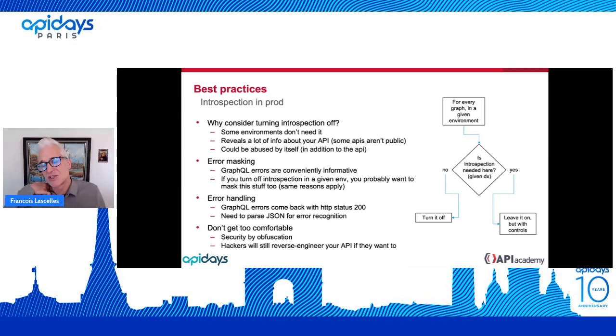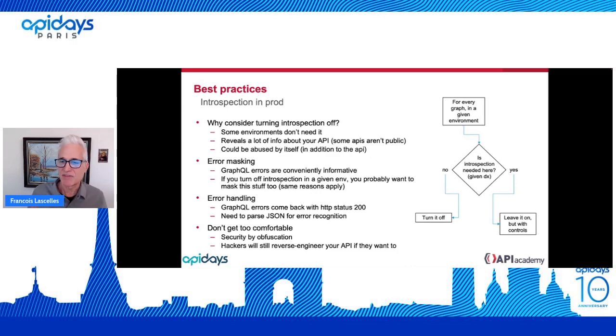So here's a decision tree as an example. For every graph in every environment, ask yourself the question: is introspection needed here from the perspective of the developer experience? Are the developers going to use introspection in that particular environment, or is that environment only being accessed by applications that are already baked in, for which there is no introspection traffic required?